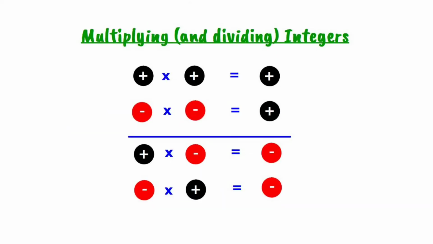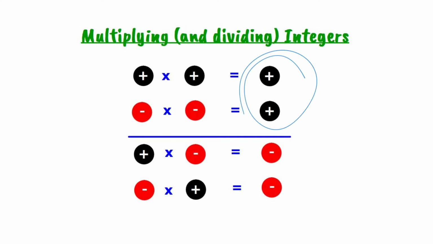Also should probably talk about multiplying and dividing integers because we'll need to be able to do that. This is much shorter. All right, the gist of it is if you multiply like things, like both positives or both negatives, if your two numbers are positive or your two numbers are negative, when you're multiplying or dividing, it works there too, then your answer is going to always end up positive.